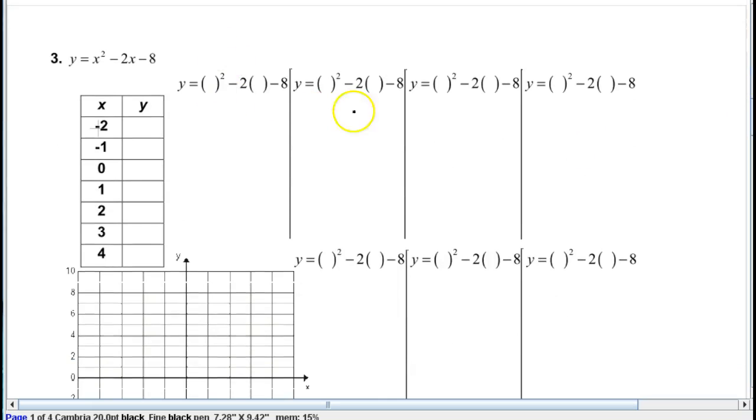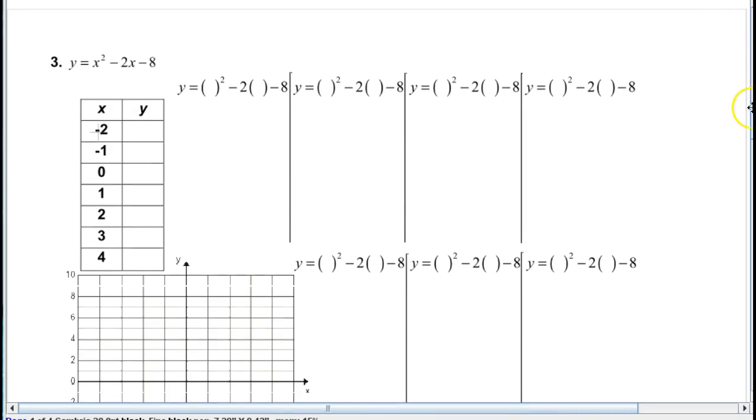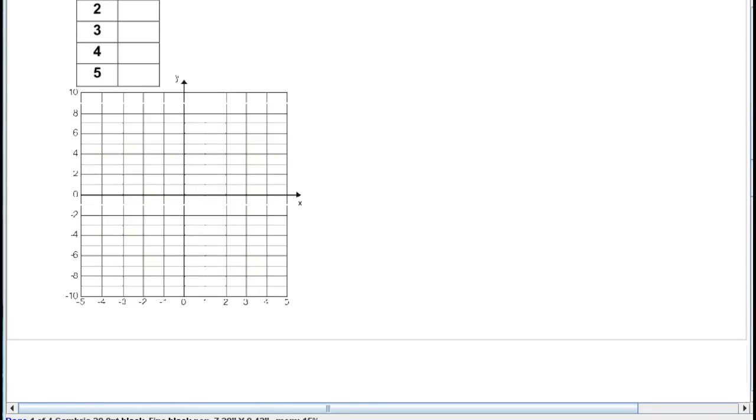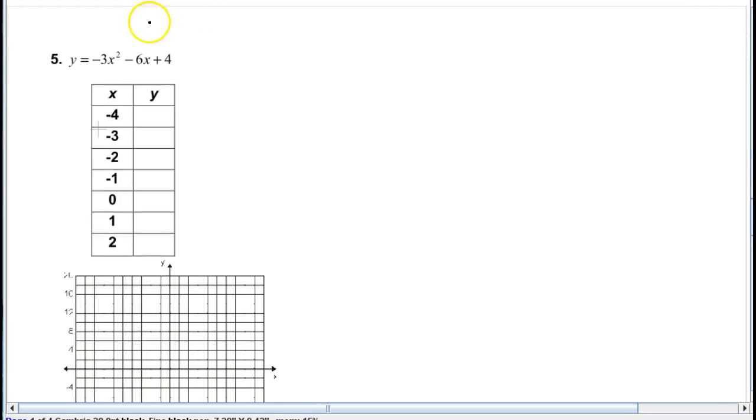I kind of give you the template for all these, but when you get down to here on the back, last page, just make sure when you're doing your work, you do -3 times -4 squared minus 6 times -4 plus 4.